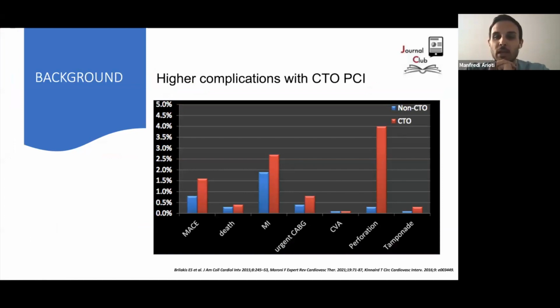Many papers sum up the fact that CTO PCI is associated with higher rates of complications, be it MACE in general, death, myocardial infarction, the need for urgent CABG, and especially, as you can see from this graphic, perforation, which is a fourfold increase in the risk with CTO PCI.